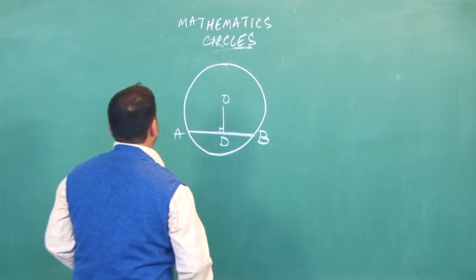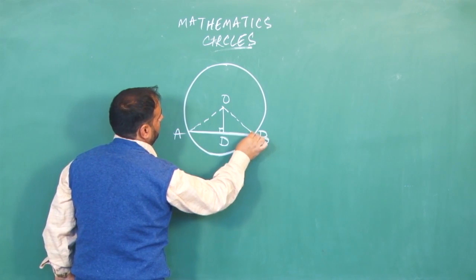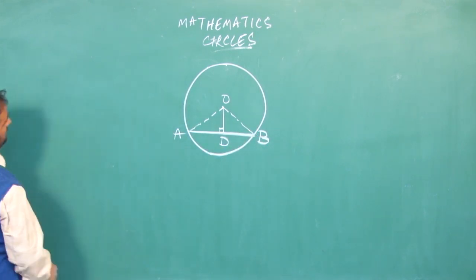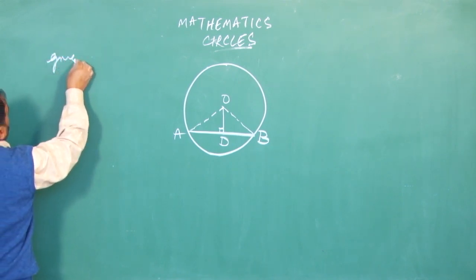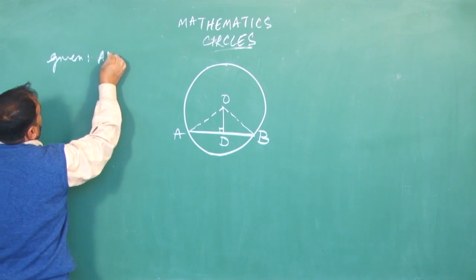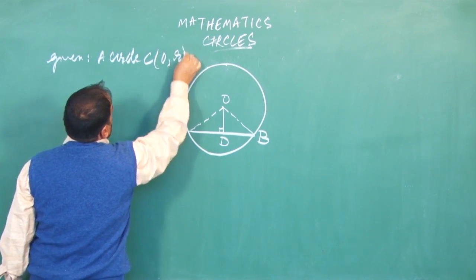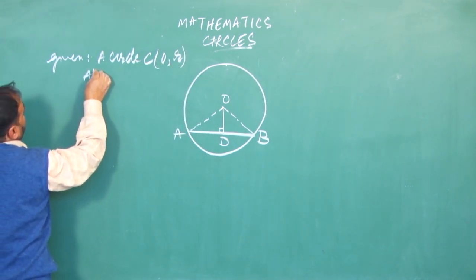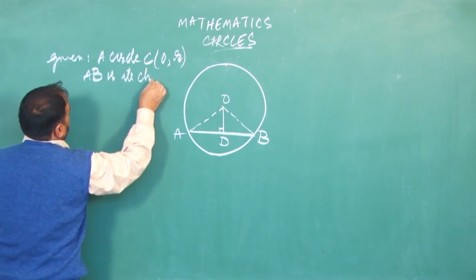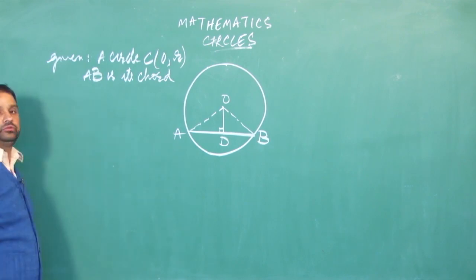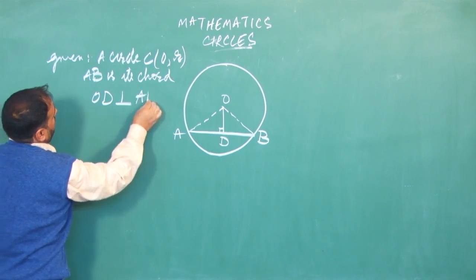To prove that, we need to join OA and OB and proceed in the same way to find that two triangles are congruent. We are given a circle with center O, denoted by C with center O and radius R, and AB is its chord. We are given that a perpendicular line is drawn from the center of the circle to the chord.